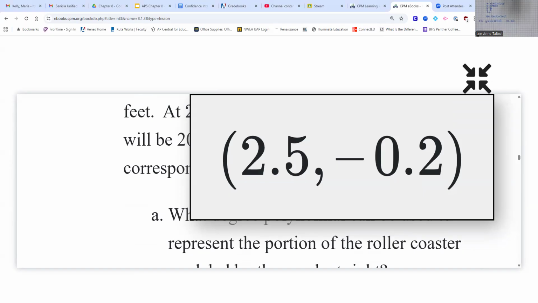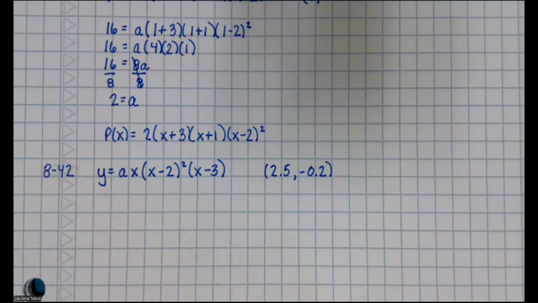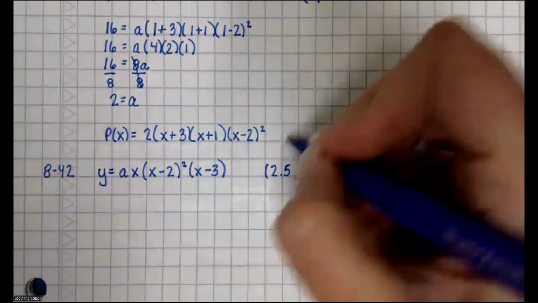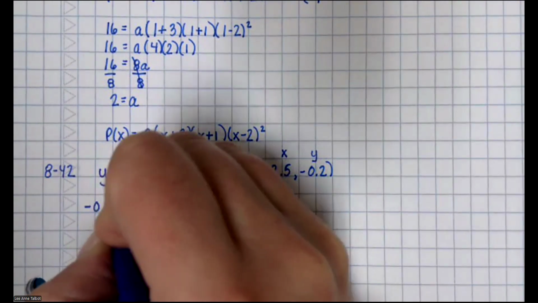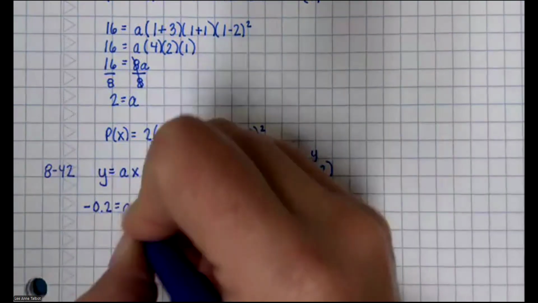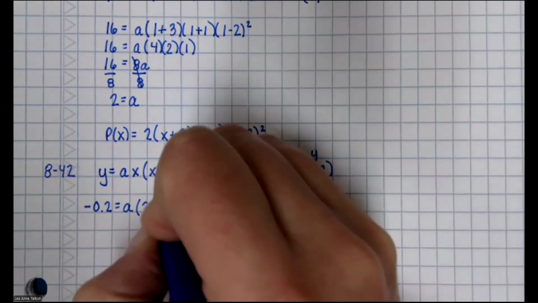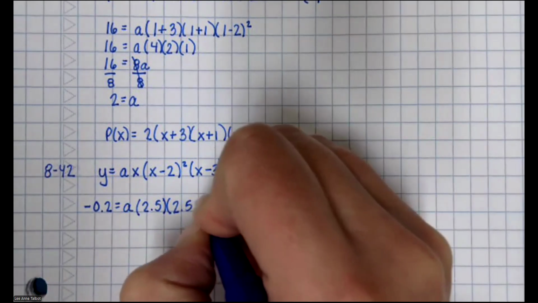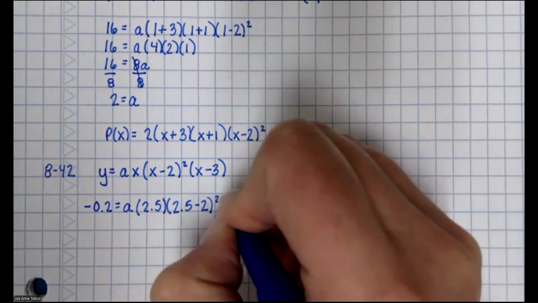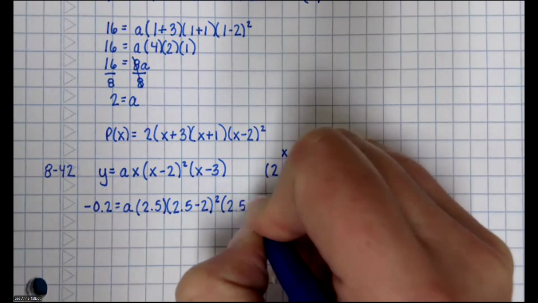It's all right. We have calculators today. So x, negative 0.2 equals A times 2.5 times 2.5 minus 2 squared times 2.5 minus 3.